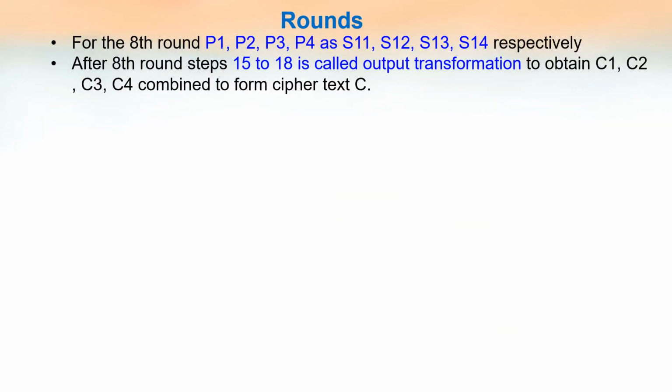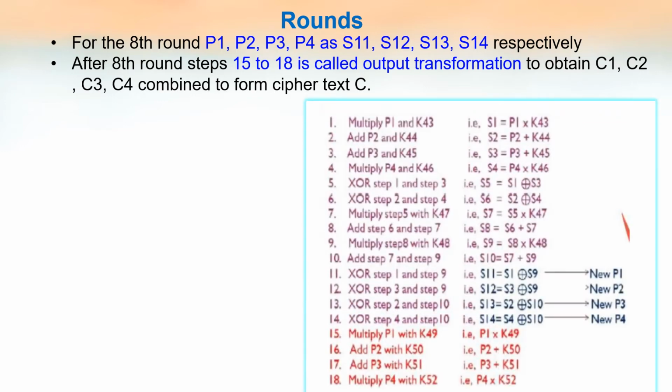Now we can consider the 8th round. In the 8th round, the new P1, P2, P3, P4 are taken in the same order, that is S11, S12, S13, S14. In all the other rounds, the output is taken as S11, S13, S12, S14, with a swap between these two.